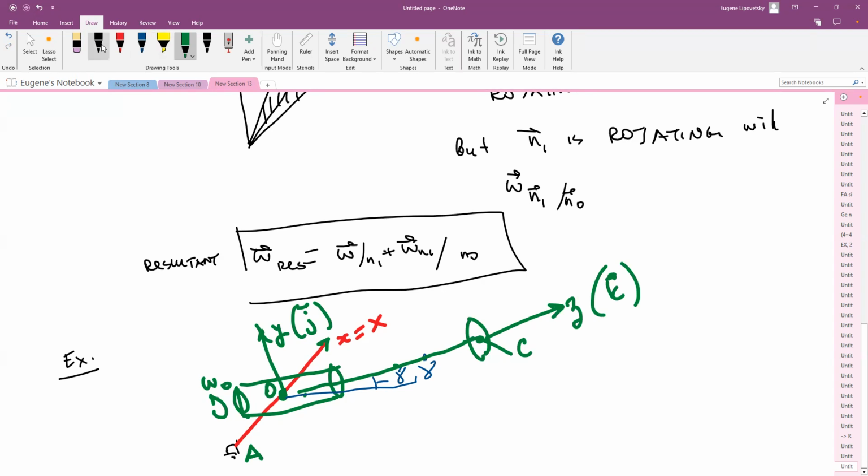So what's given is omega naught equals 120 RPM. Well, you convert it to radians. That means you multiply by 2 pi for each rotation, and to get to seconds, you divide by 60.